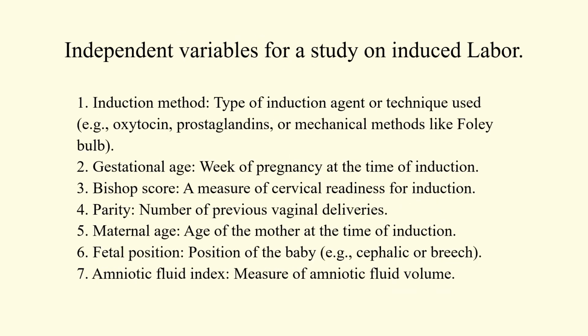And the independent variables for this study could include the method of induction, which means type of induction agent or technique used, the gestational age at the time of the induction of labor, the Bishop's score as measured at the start of the induction, the parity, maternal age, fetal position, amniotic fluid index.